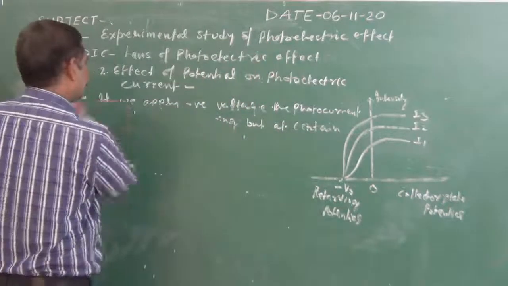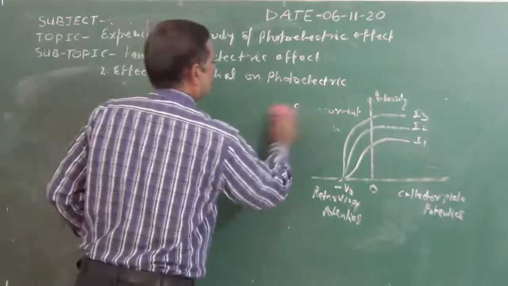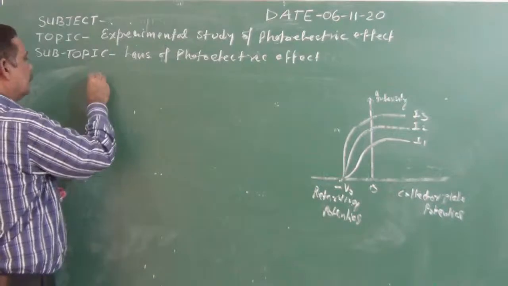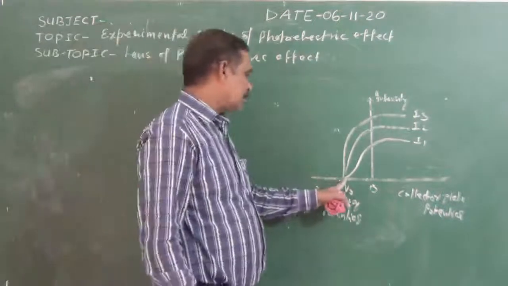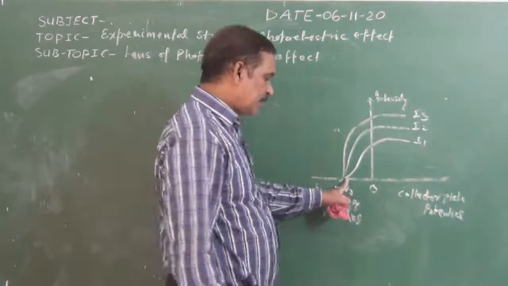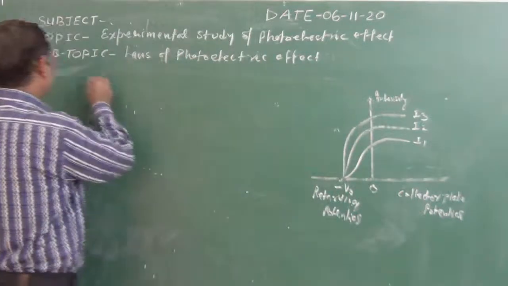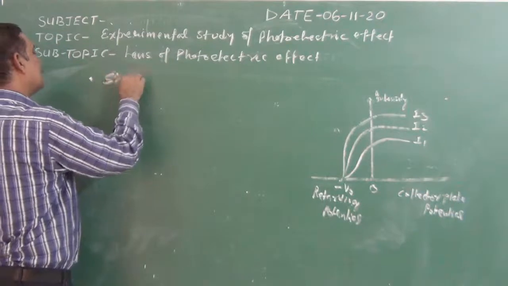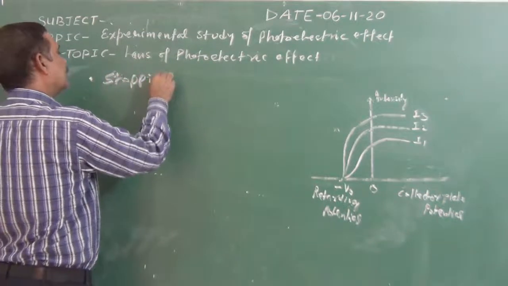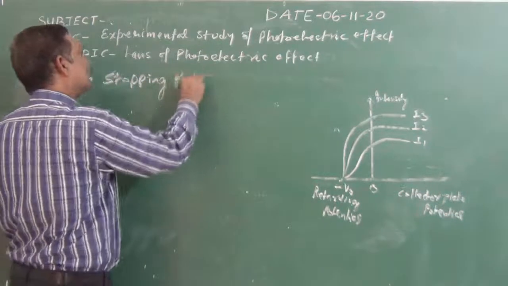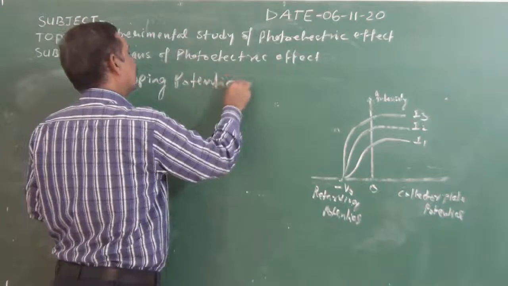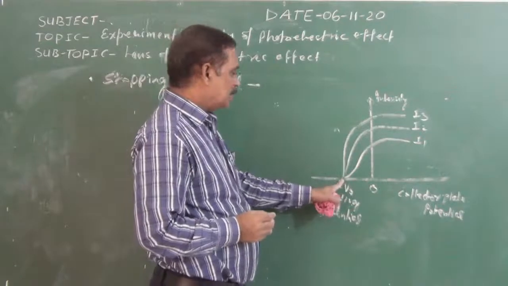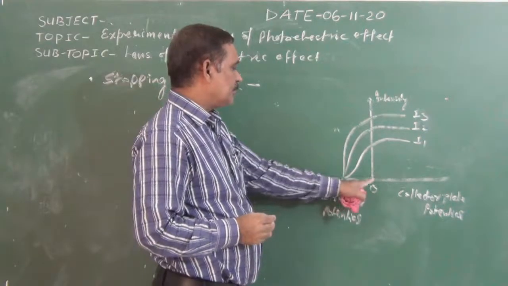So what is the stopping potential? At this potential, photocurrent becomes zero.